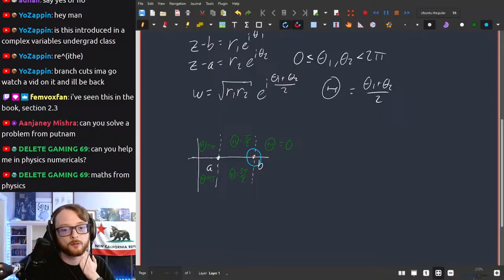We're starting at root R1, R2. Once we get to the opposite side, we're getting B is positive pi, A is 0.